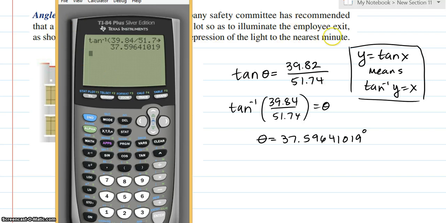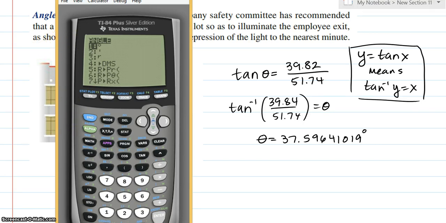But they did ask for the nearest minute, so you could take that 0.5964 and multiply it by 60 to find out what minutes are, or you could just go back to angle. Remember, the second key is how you get to angle. The angle menu is right next to math, and you're going to choose number 4 for degrees, minutes, seconds.